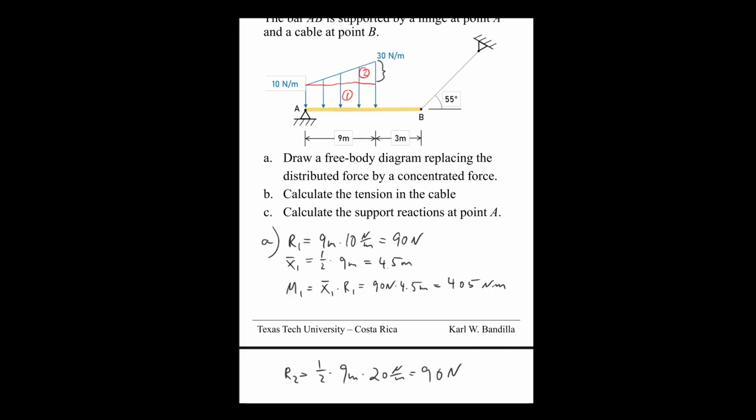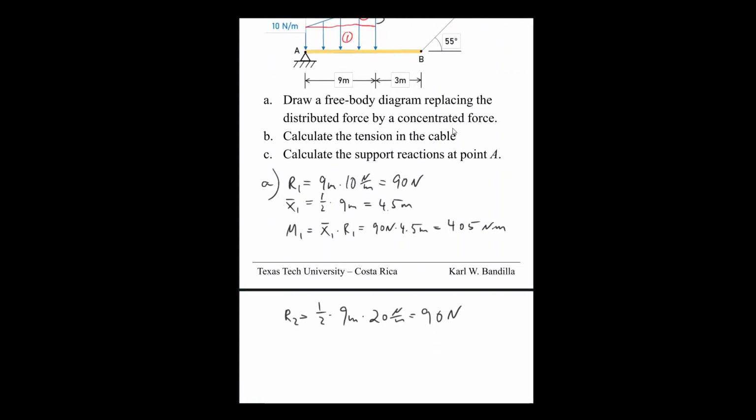Now the location, it's a triangle, so it's 2/3 from the tip. So that would be X2 bar would then be 2/3 times 9 meters. And that is 9 divided by 3 is 3 times 2 is 6, so 6 meters.